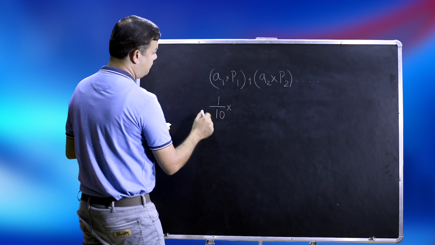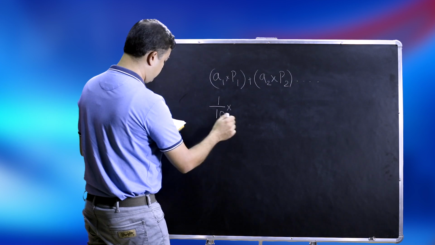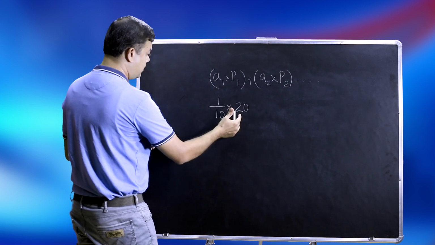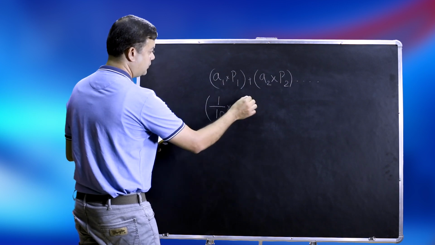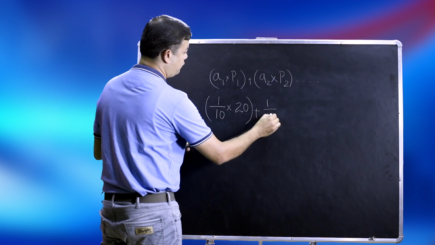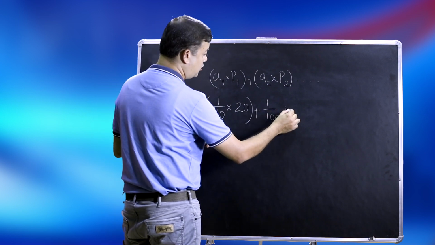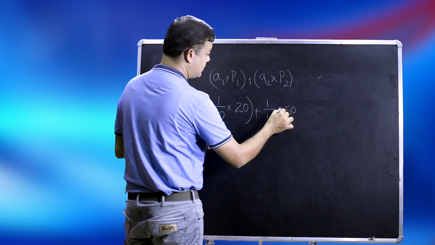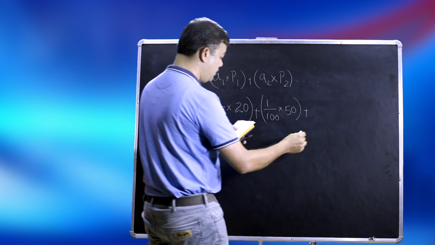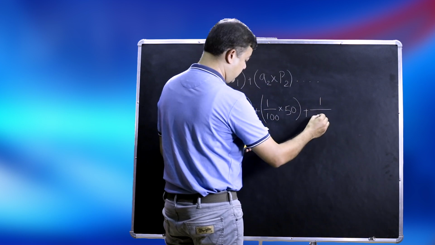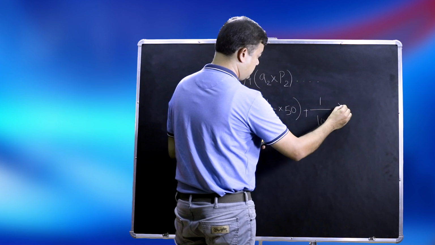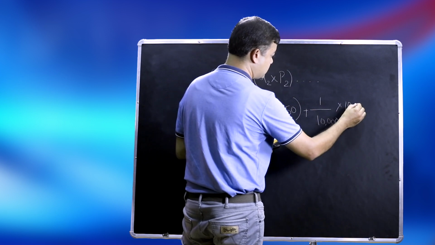So here, probability multiplied with the rupees 20. There is 1/10th chance of getting 20 rupees, plus there is 1 in 100 chance of getting 50 rupees in the lottery. So 50 has to be multiplied, plus there is 1 in 10,000 chance to get 1,000 rupees.